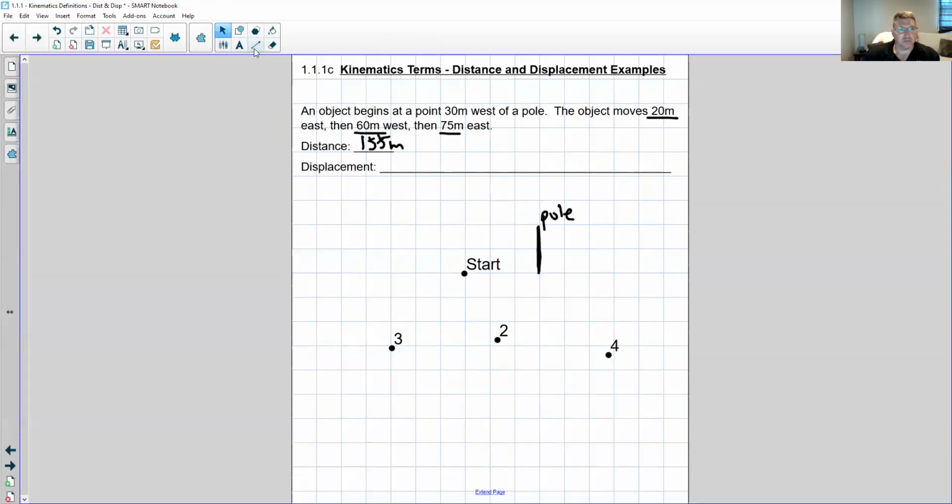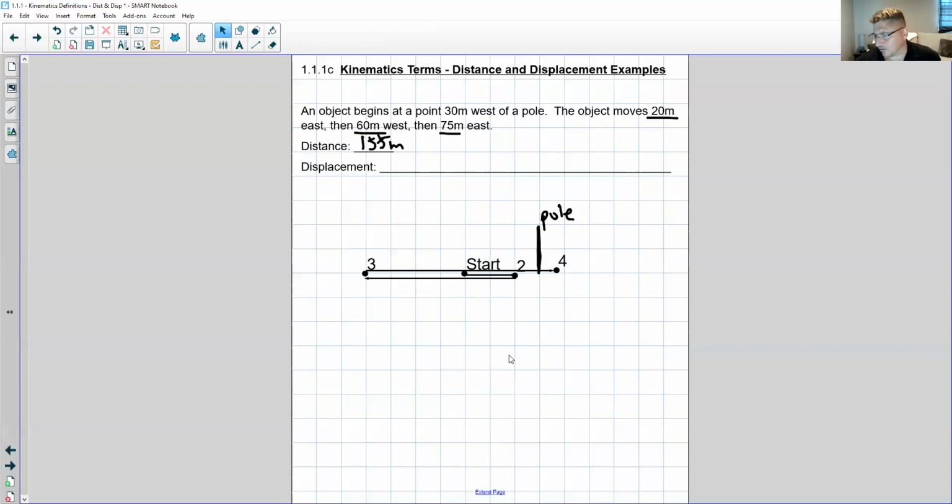So we're going to walk from there 20 meters east and then 60 meters west, 1, 2, 3, 4, 5, 6, and then 75 meters east, and that's going to be 6, 7, 75. So I'm going to place my little waypoints. So first we go from start to position 2, 20 meters to the east of start, and then 60 meters west of position 2, and then 75 meters east of position 4.